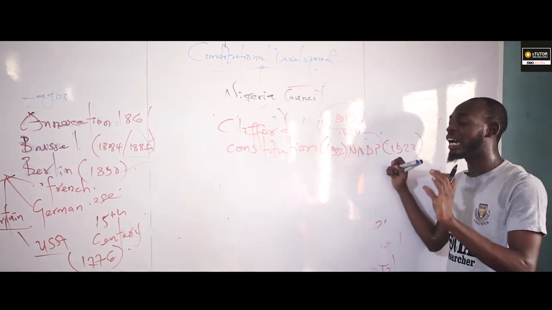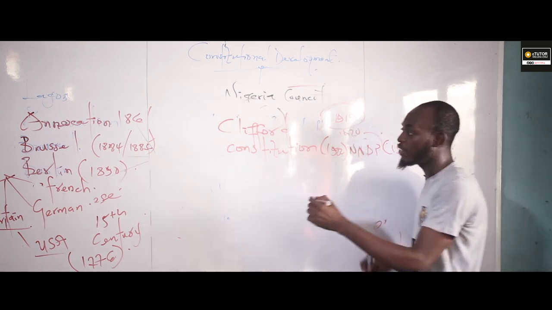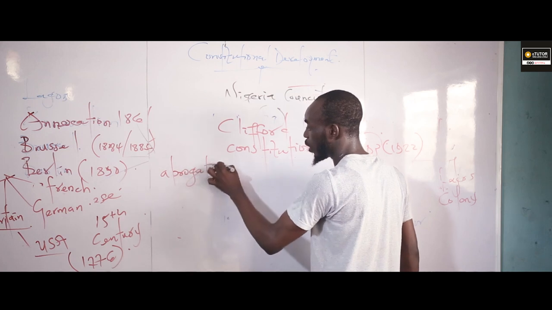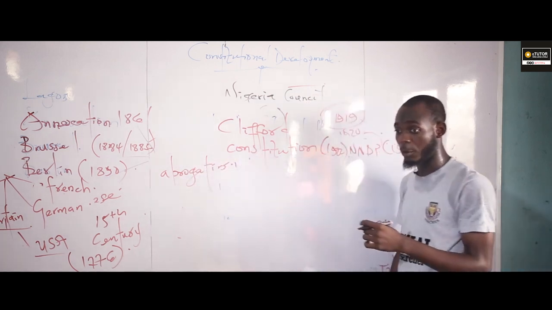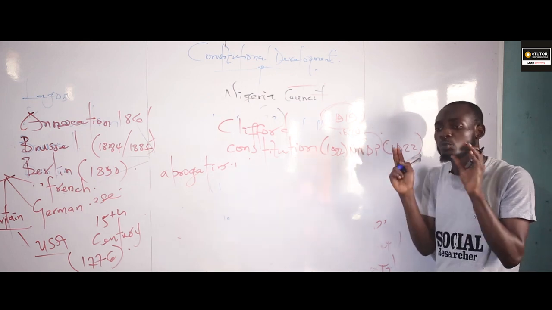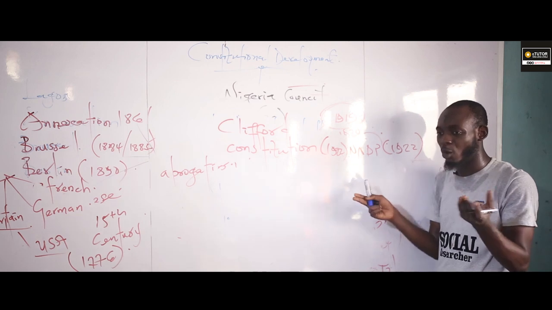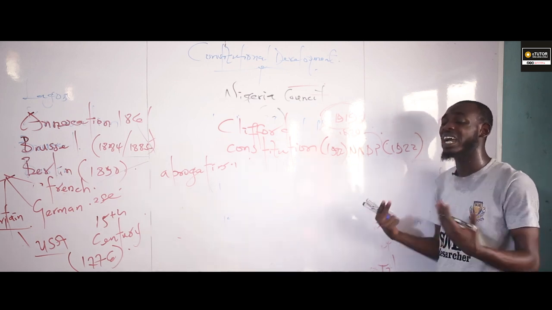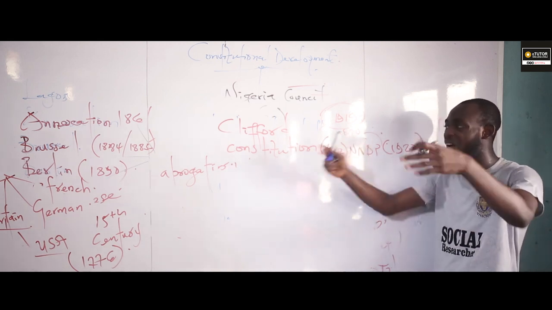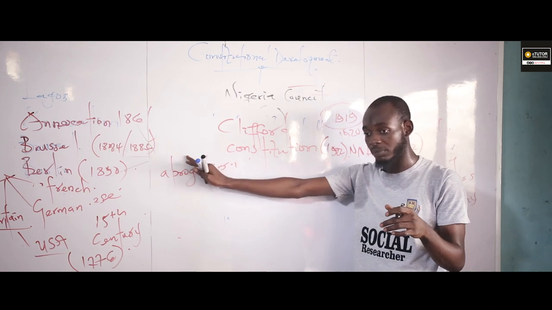We also have one of the reasons for the abrogation of the Nigerian Council of Lord Lugard. It was purely advisory. We only had less privileged people who were not educated representing Nigeria. That was the reason why they abrogated the Nigerian Council of Lord Lugard.